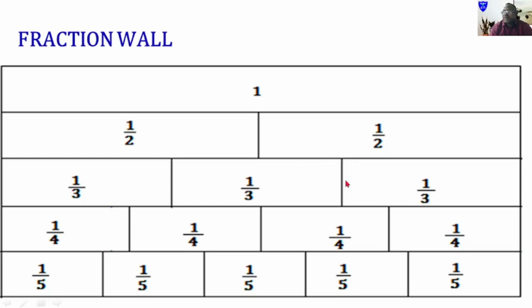But then what happens when you add these fractions together? If you add this one and that one, it will give you 2/3, and as you can see, 2/3 is actually bigger than half. But if you add a quarter and a quarter, you have 2 quarters there. 2 quarters are actually the same size as half.